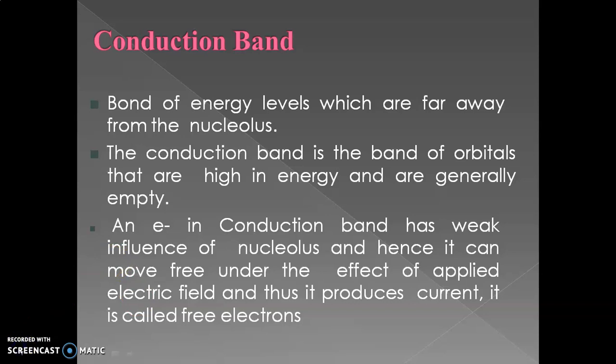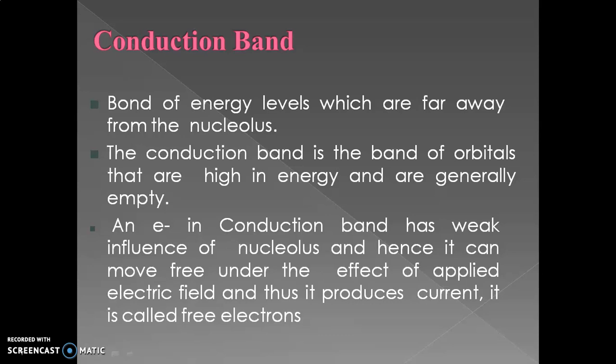In the energy band diagram, the range of energy band possessed by the conduction band electrons is known as the conduction band. All electrons in the conduction band are free electrons. If a substance has an empty conduction band, it means current conduction is not possible in the substance.